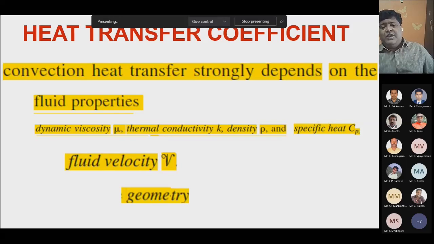Based on that Buckingham pi theorem approach, all these variables have been grouped into 3. That is the Reynolds number, the Prandtl number, and the Nusselt number.